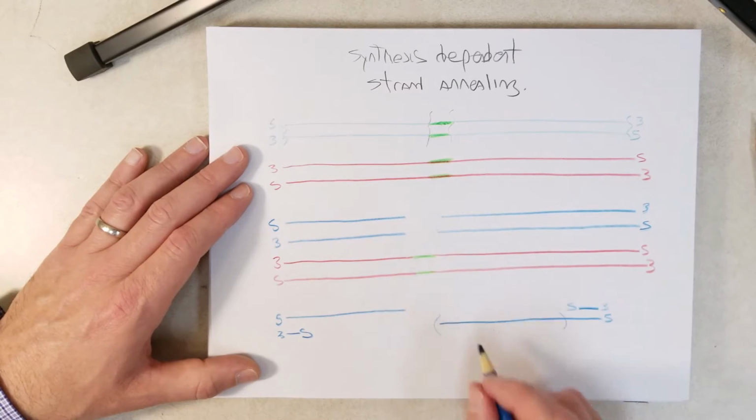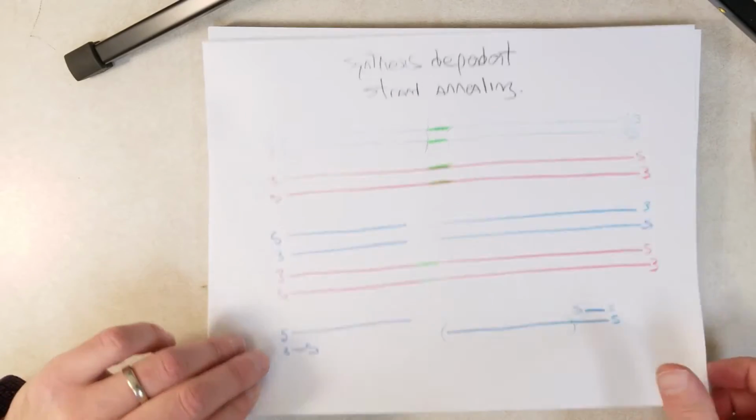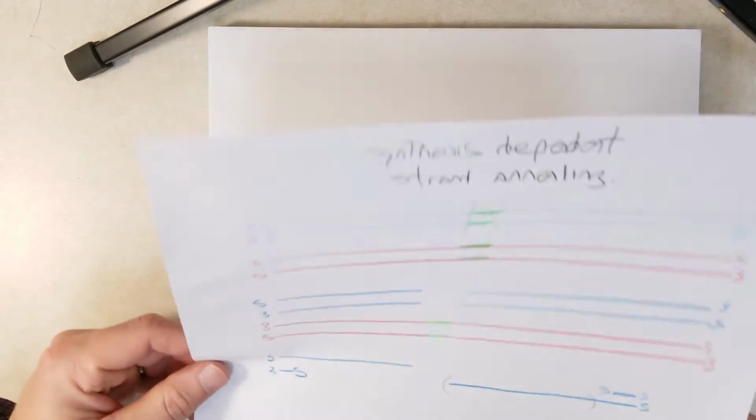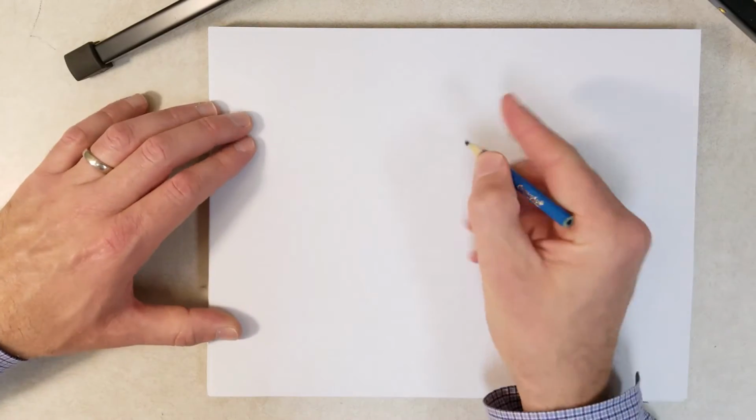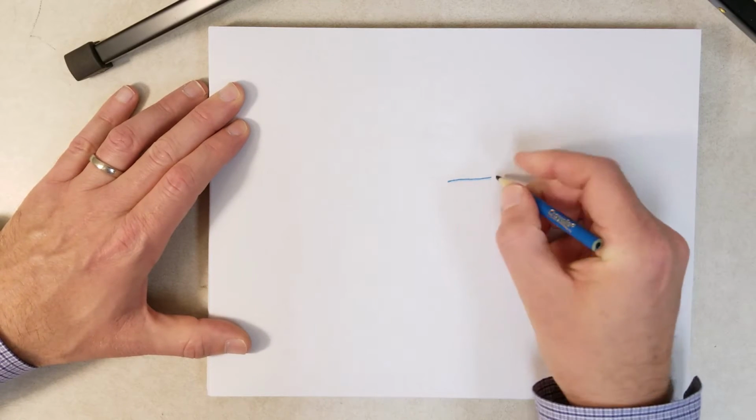This is going to invade the donor, and that homology search is going to take place. Let me get a new piece of paper for this. So let me quickly diagram that.